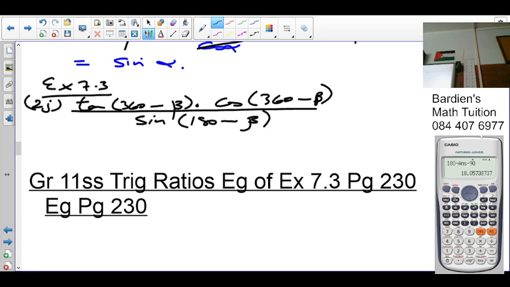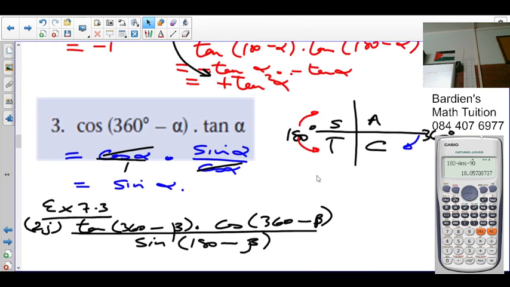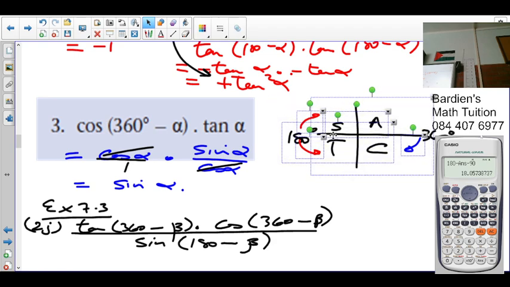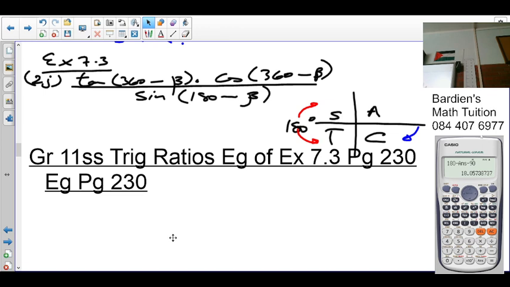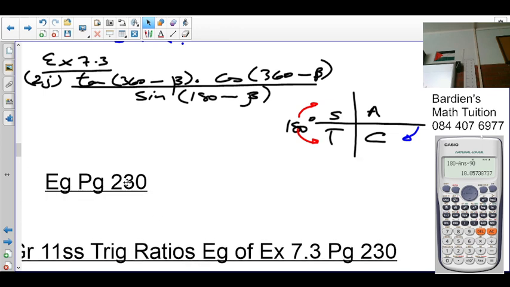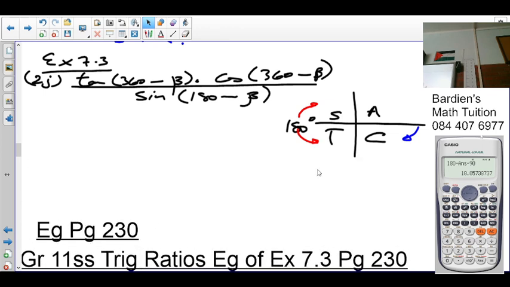Okay, so again, what do we need? We need that cost diagram. Draw it often so that you start memorizing. So 360 minus beta, which quadrant is that in? The fourth quadrant. Is tan positive or negative? So it's negative tan beta times 360 minus, fourth quadrant, cos positive or negative?